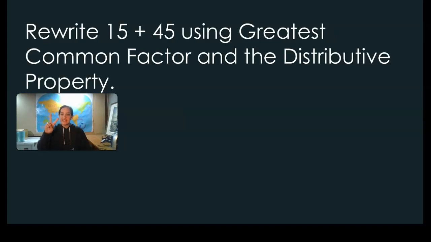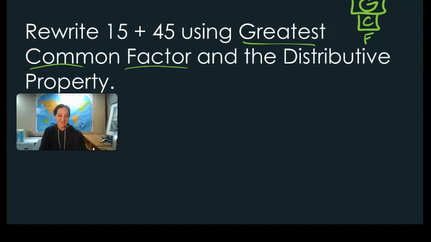Two things I need to go through my brain again and see how paved that trail is, right? How well do I remember greatest common factor? Well, what I was trying to get you to remember is that anytime I hear greatest common factor, I think birthday cake.